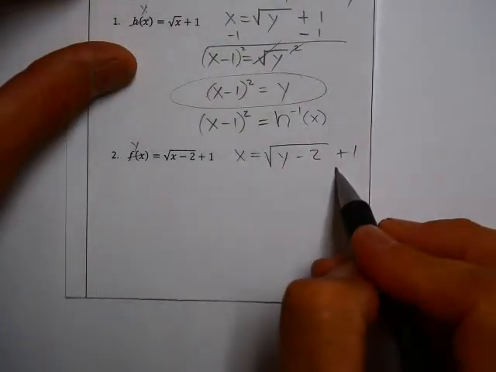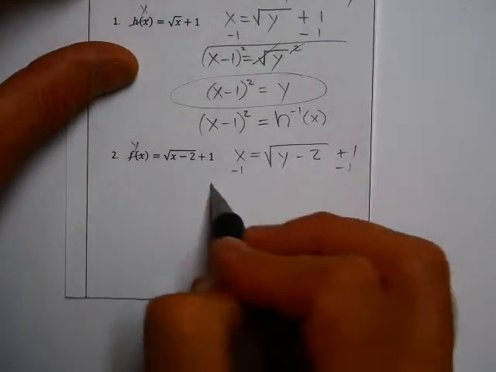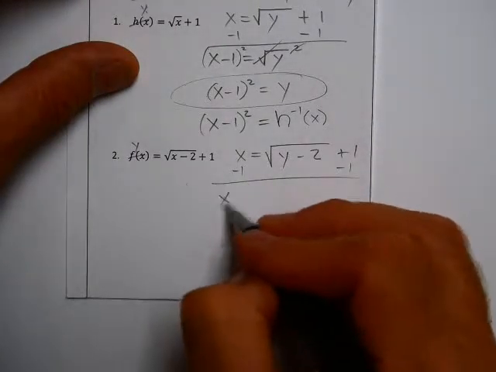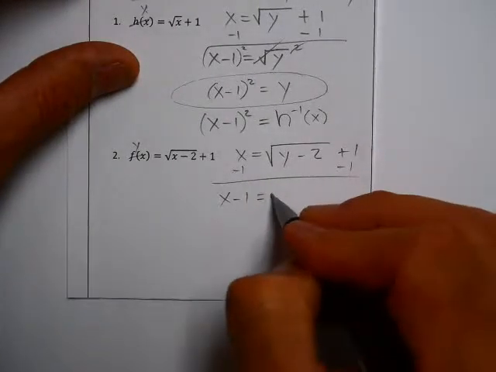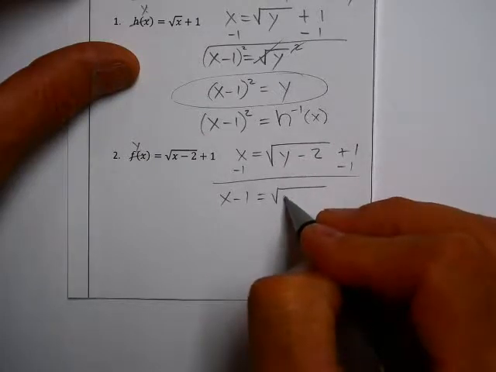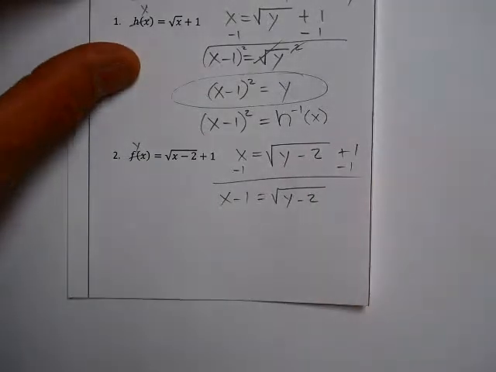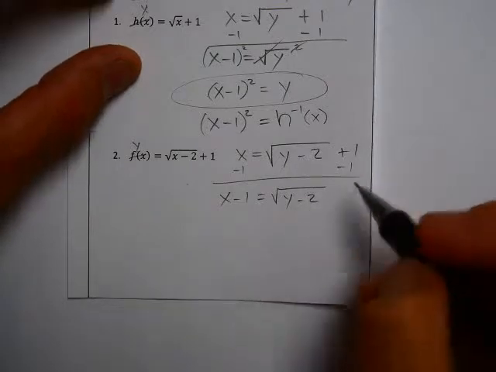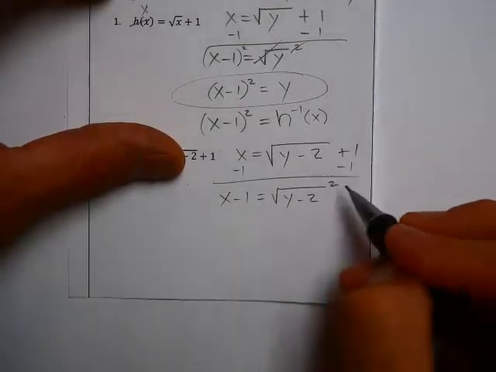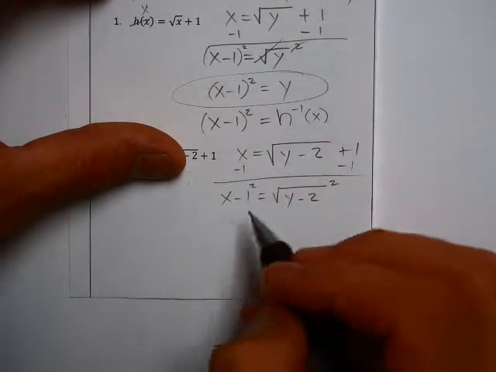So this is going to be minus 1. Let's get rid of that first. So x minus 1 equals the square root of y minus 2. Can't really do anything with that minus 2 at the moment, so now I'm going to square both sides to get rid of that square root.